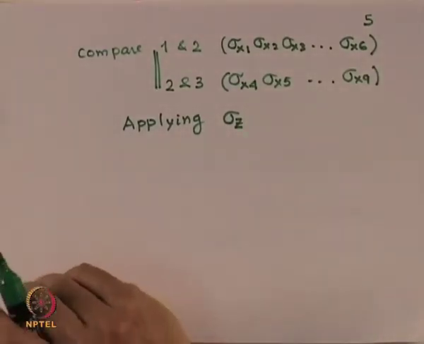Okay. Now suppose this analysis leads me to conclude that there has been both a phase flip and a bit flip, then each one of the corrections must be sequentially applied, because as you can see they are not interfering with each other.